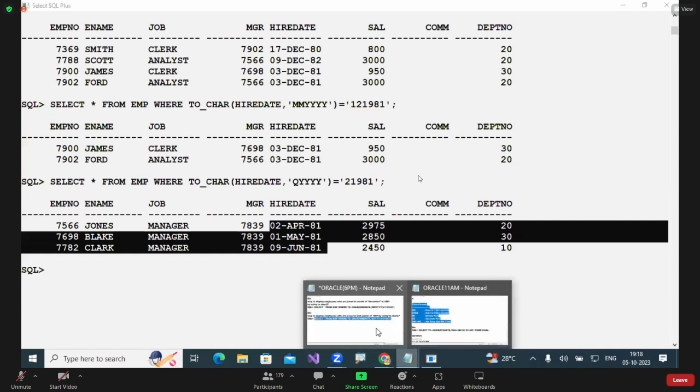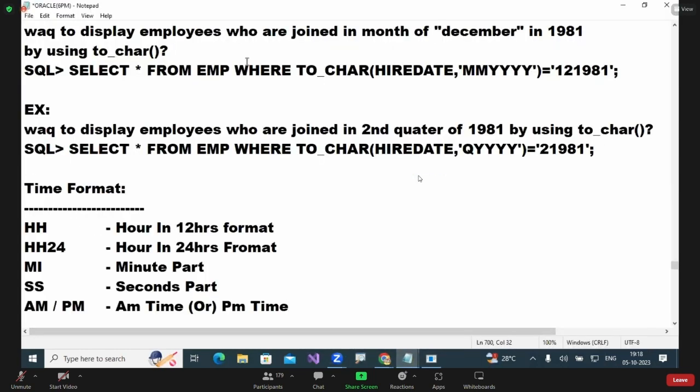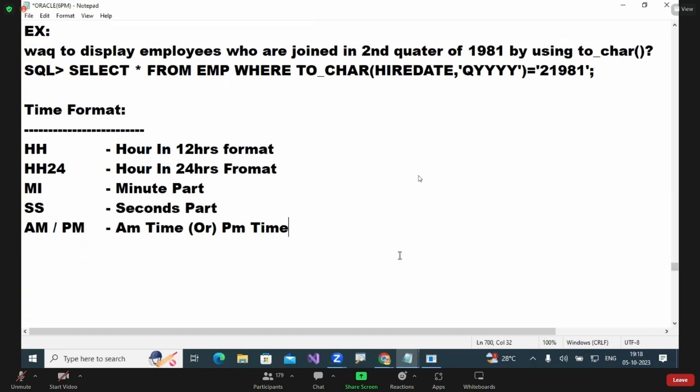Next, the time format intervals. We all know HH shows the 12-hour format, HH24 is the 24-hour format, MI is minutes, SS is seconds, and AM or PM shows morning or evening.